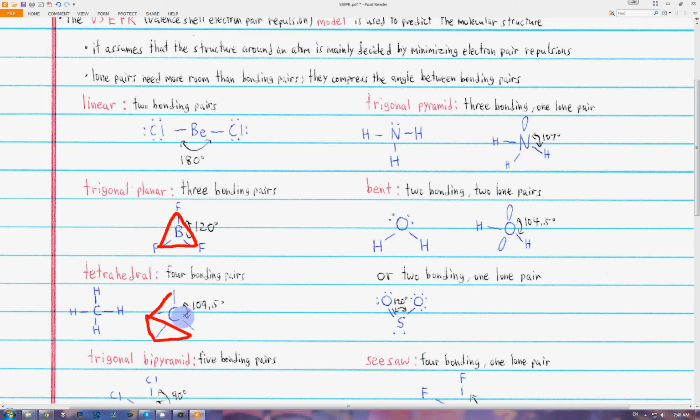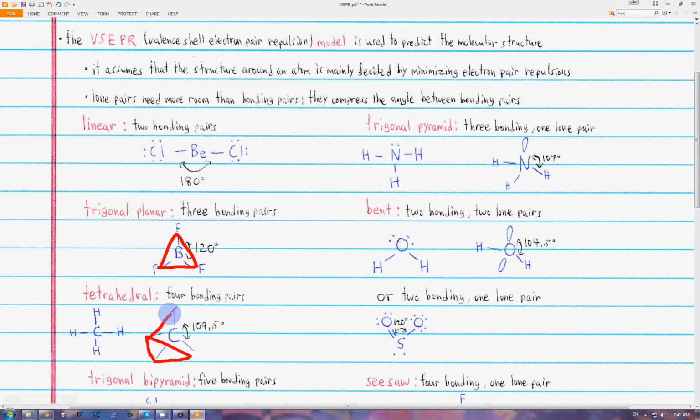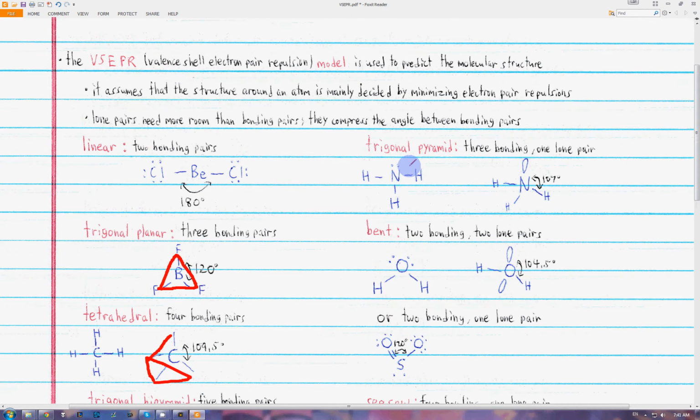So we can also have a tetrahedral shape, but say the apex, instead of a bonding pair, this space is taken up by a lone pair. And that's what happens in a trigonal pyramid. We have three bonding pairs that make up the base of this pyramid, and then at the top we have a lone pair.